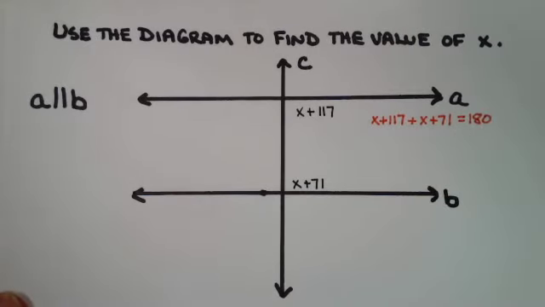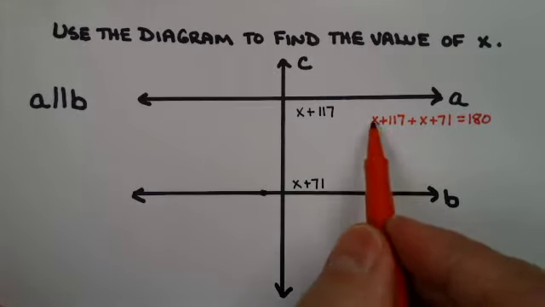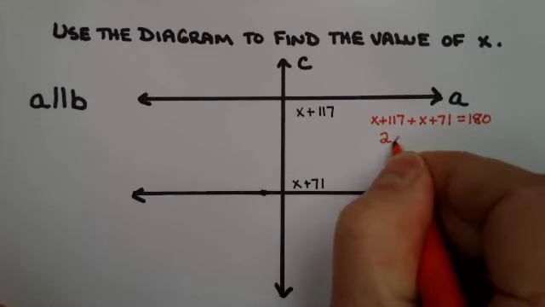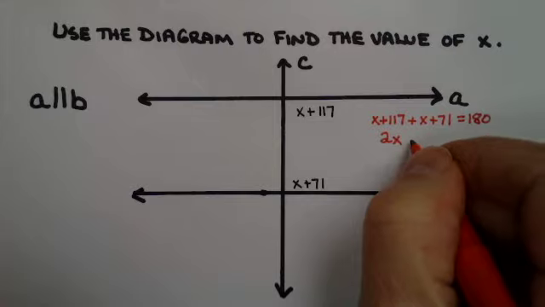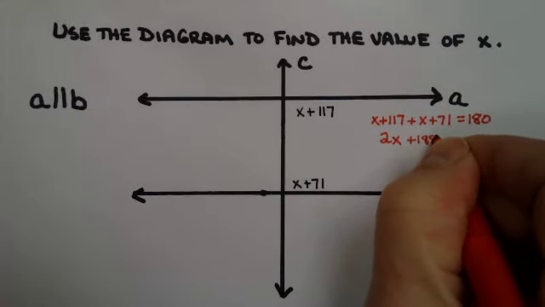I need to solve this. First thing I'm going to do to solve this is combine like terms. What does this equation look like after I combine like terms? My x's go together to give me 2x. 117 and 71 added together give me 188.